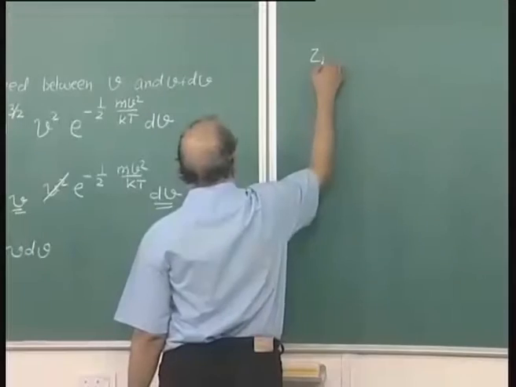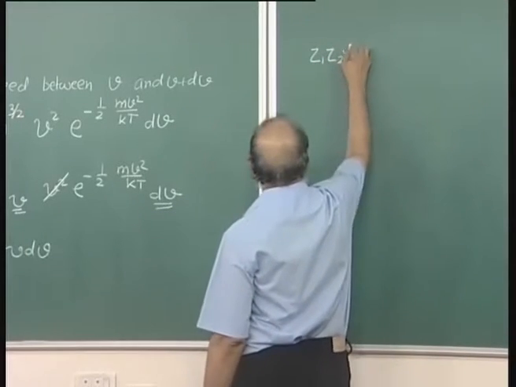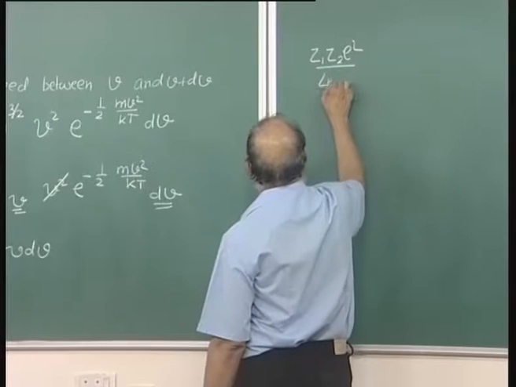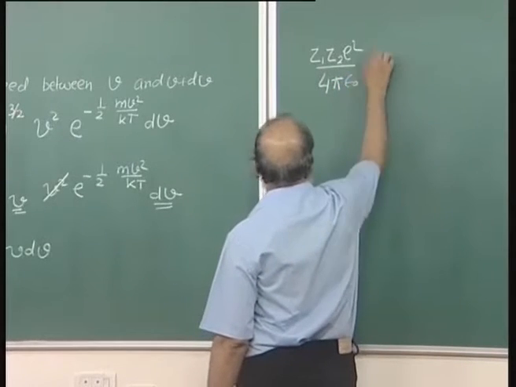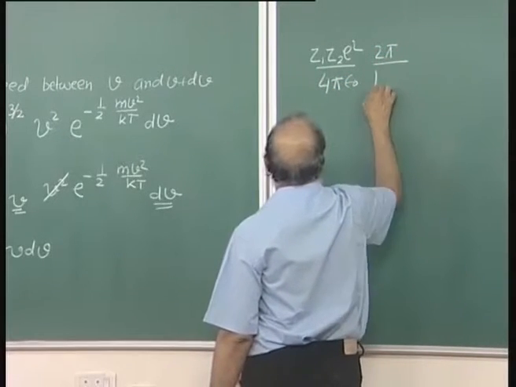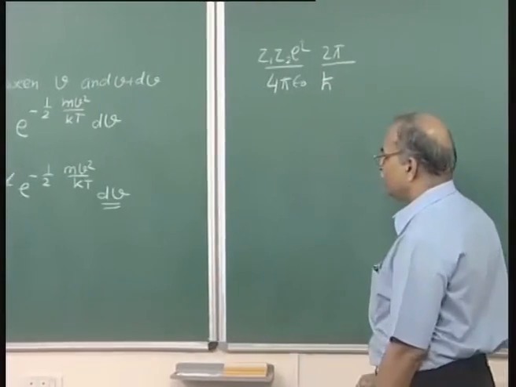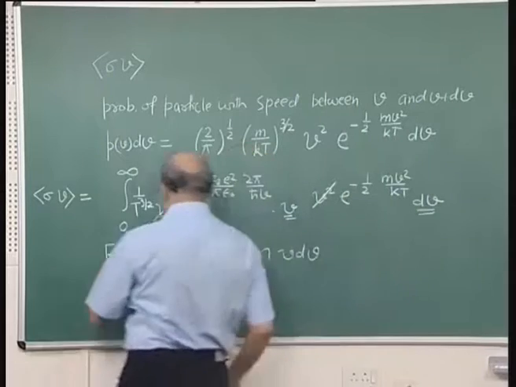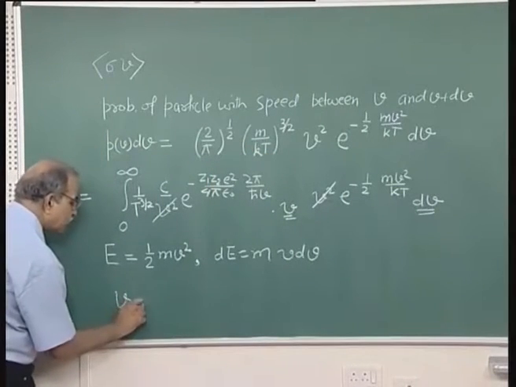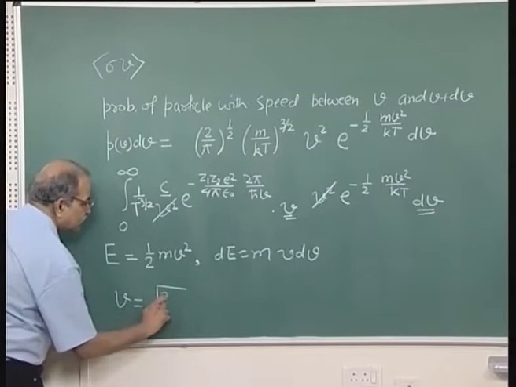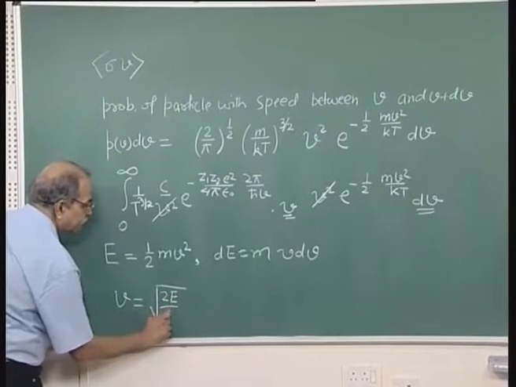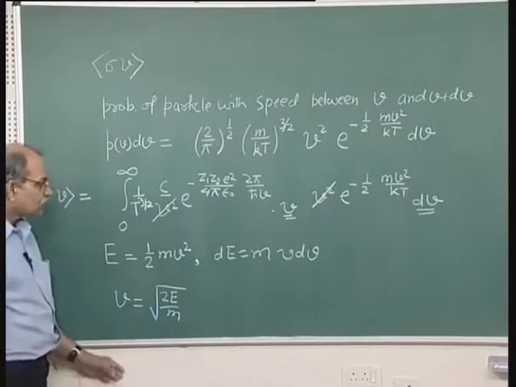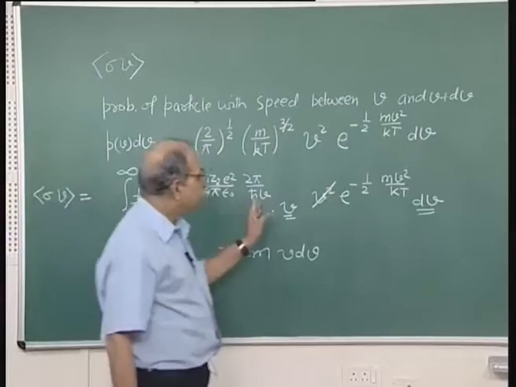This is z 1 z 2 e square by 4 pi epsilon naught, and then 2 pi over h cross times v, and v is from here, what is v? V is square root of 2 times E over m. So, this v will be put here.